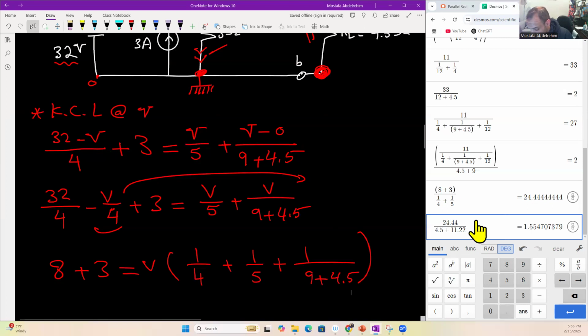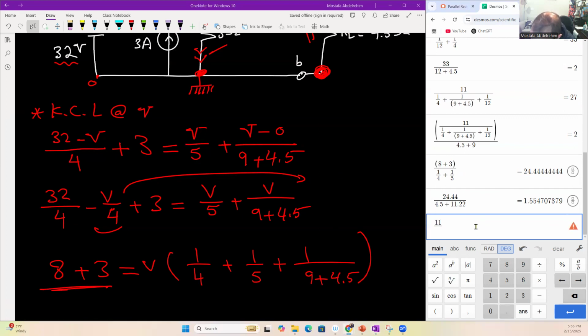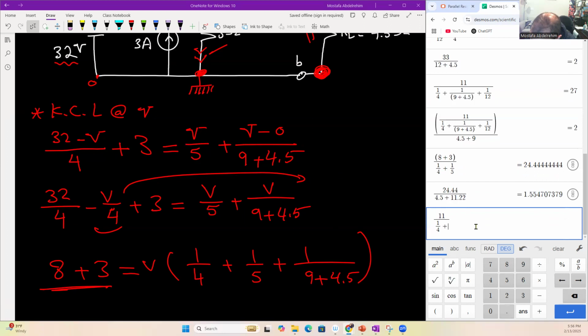Let's calculate this. So we have 8 plus 3 is 11, divided by, that's a long one, but we're going to do it, 1 over 4 plus 1 over 5 plus 1 over 9 plus 4.5.